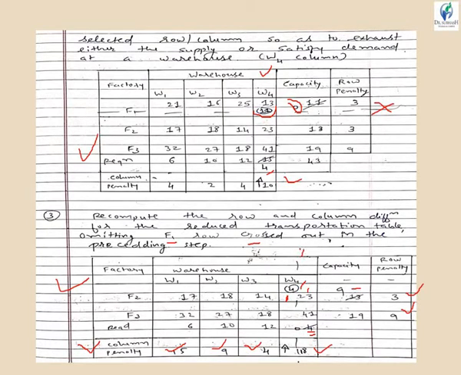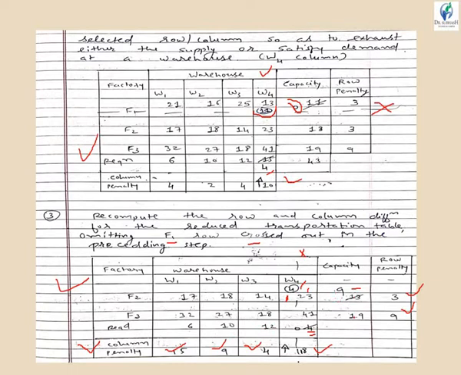So we will delete W4 and redraw the table in which we omit the column W4. Factory F2 will remain with only 9 capacity, F3 is as it is, 19, and W1, W2, W3 will be 6, 10 and 12.